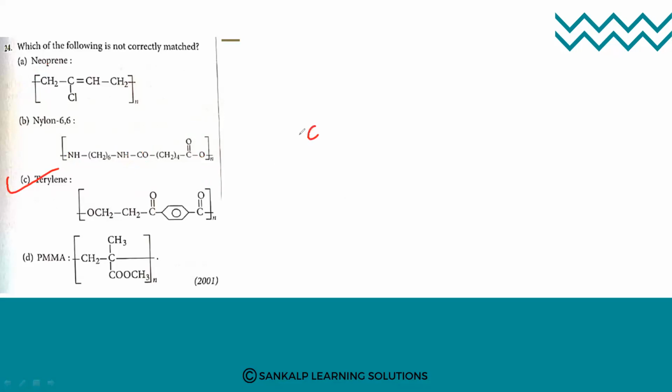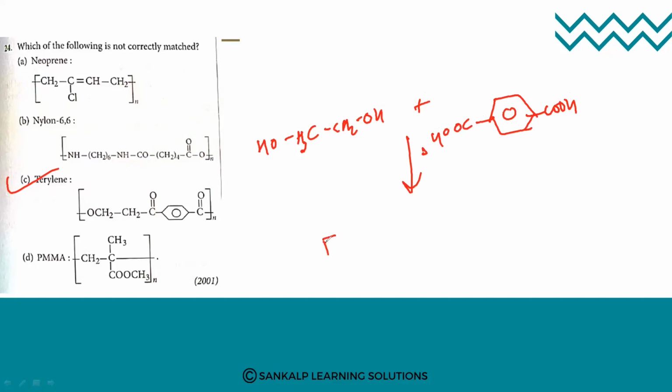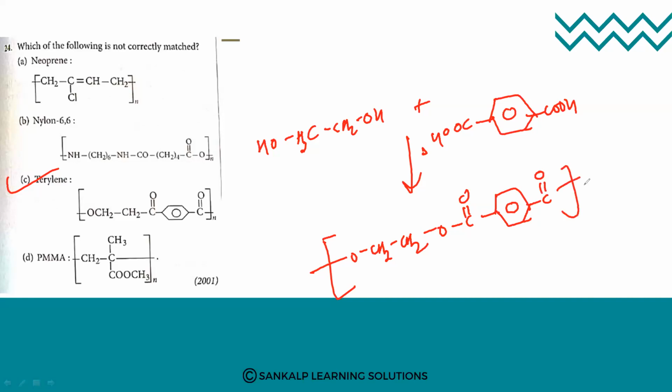Terephthalic acid, CH2OH, CH2OH, and COOH, COOH. So when you heat it, what does it form? So O, CH2, CH2, O, then C double bond O, and C double bond O. Is it the same structure? No, this is missing. So this is the correct answer.